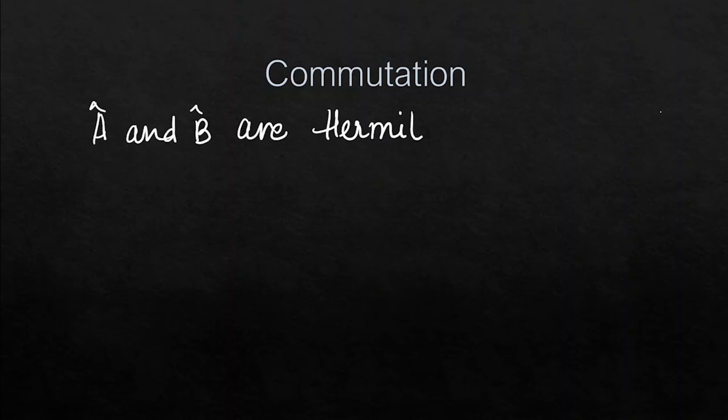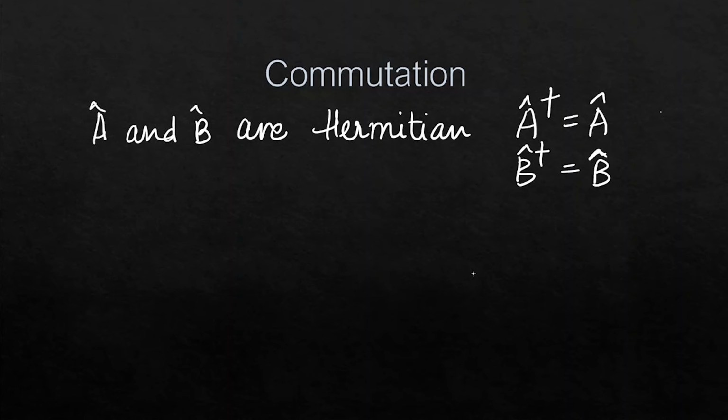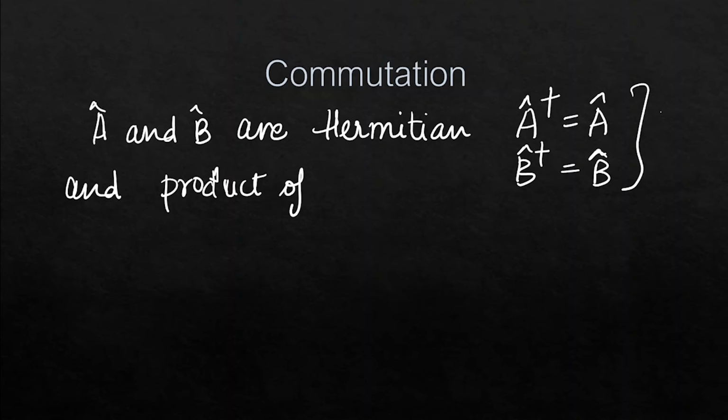So let's take the next situation. If we have two operators A and B, and these two operators are Hermitian, then they should follow this relation. We have these two relations, and it is also given that the product of these two operators is Hermitian.